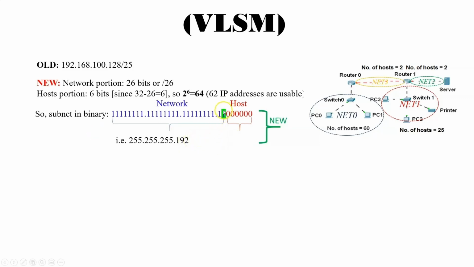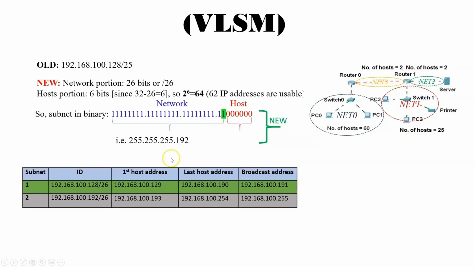All right, so if that is the case, in 0 state, 1 subnet, and in 1 state, another subnet. So I'll form 2 subnets. When it is 0 state, the network ID, or the network address, will be 192.168.100.128. All right, why? Because 1 and then 7 zeros, that is 128.